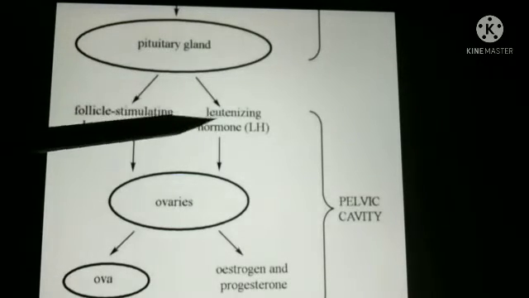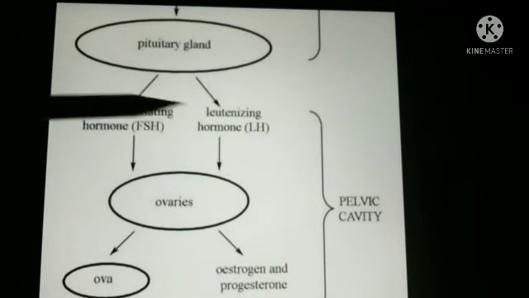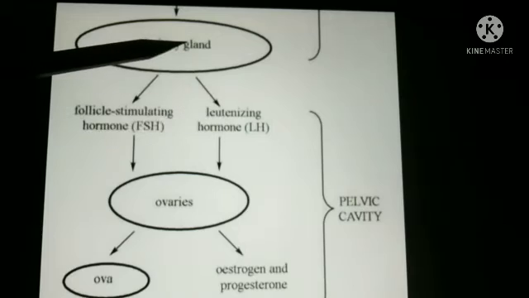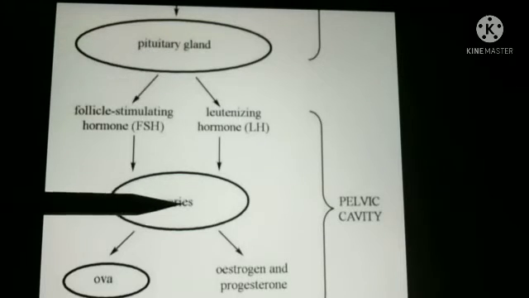The 2 hormones FSH and LH are released from the brain, that is from the pituitary gland, and travel in the blood to the ovaries.